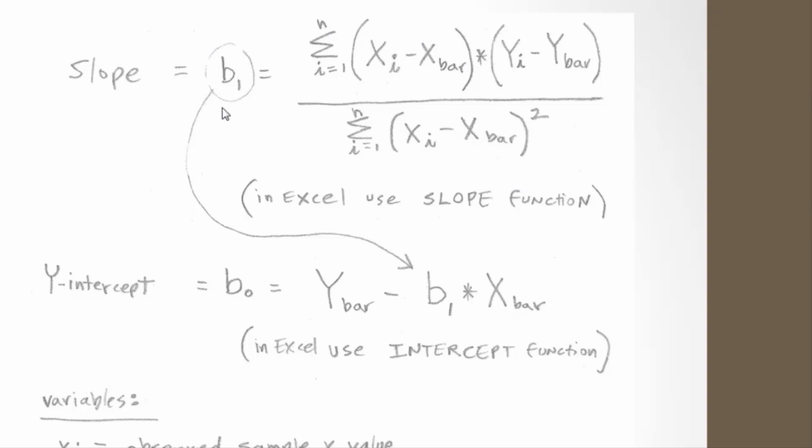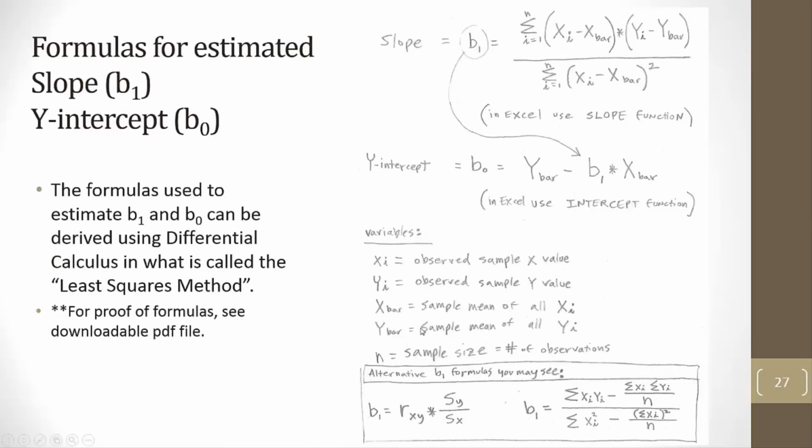Once we get our b, we simply plug it into this equation: y bar minus slope times x bar. We will then have our sample statistics for the y-intercept and for our slope. Here are the variables. Here are some alternatives you may see. We're going to use this formula, but you may see this as a formula for slope, or this one.